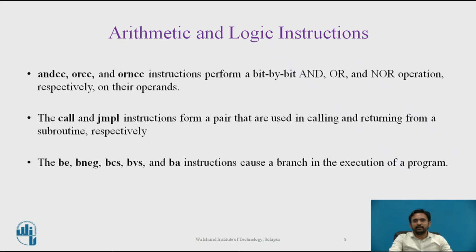The call and JMPL instructions form a pair that is used in calling and returning from a subroutine respectively. The lower 5 instructions, that is the conditional branch instructions in the previous slide, BE, BNEG, BCS, BVS and BA, cause a branch in the execution of a program.